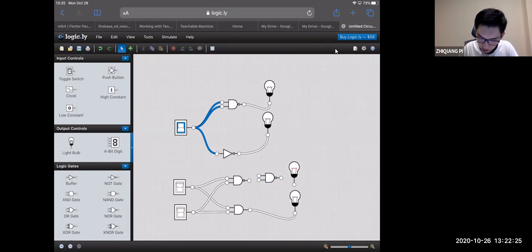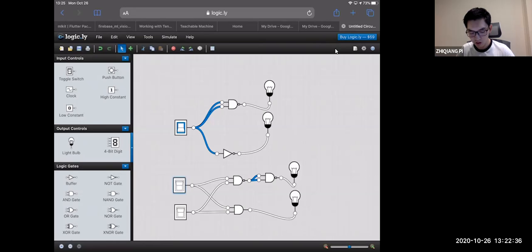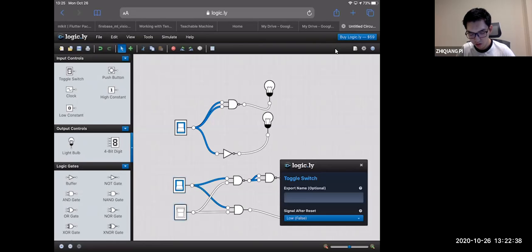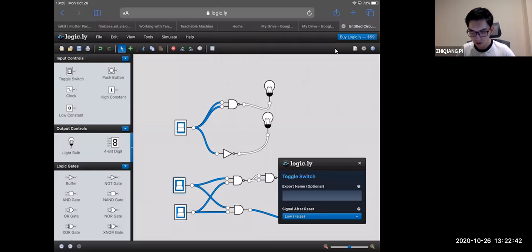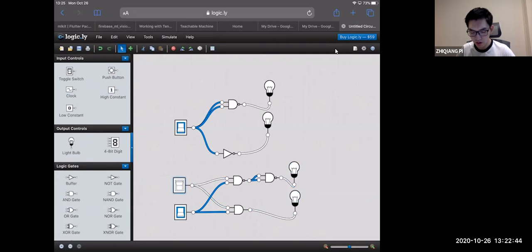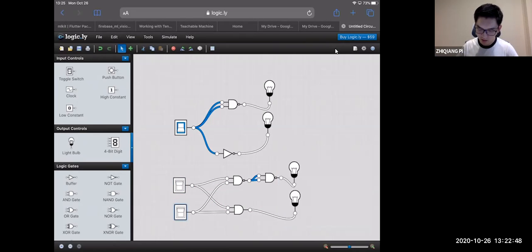Let me take that out. And by testing this, by switching them on and off, we can see that they are equivalent. Their results are always the same. It just keeps popping out, sorry.